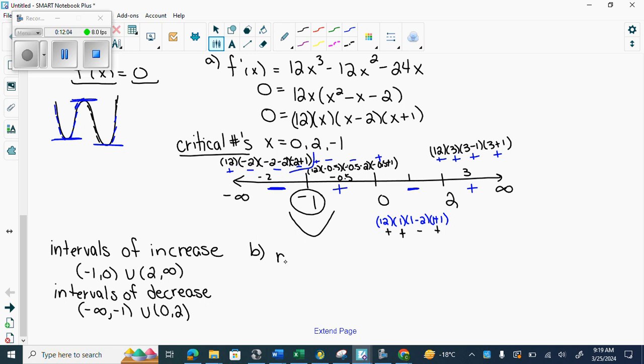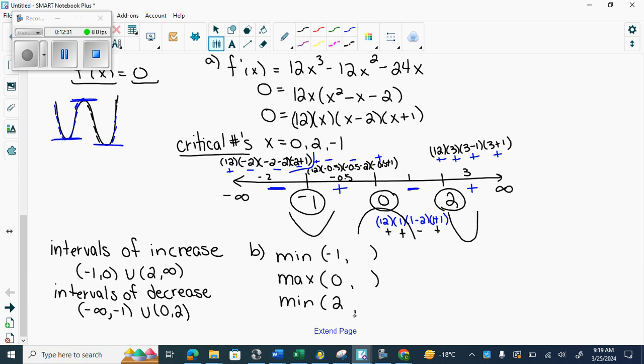A min at -1, and we have to find that value, we'll do that in a second. What about this critical number here, 0? It's an increase to a decrease, so it is a maximum. And then this one is a decrease to an increase, so 2 is a min.